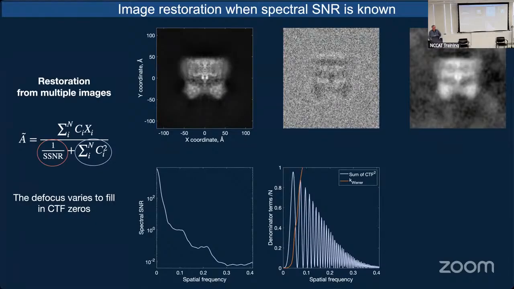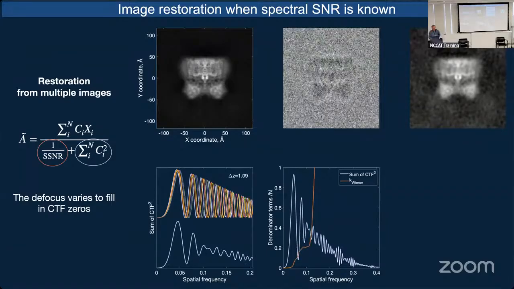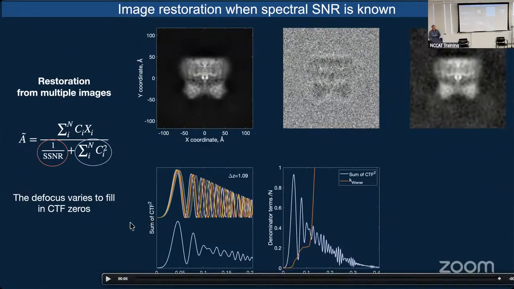Okay, but now I'm going to add in several different images. So I've done 5 images. Here are 5 different CTF squared, and I used different defocus values for the purpose of filling in zeros of this function. So you'll see that once I add this together, this no longer goes to 0.